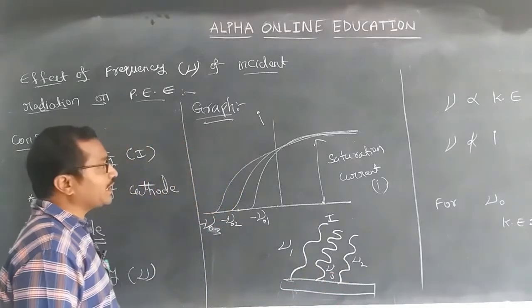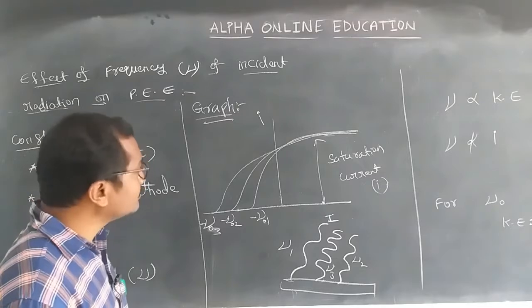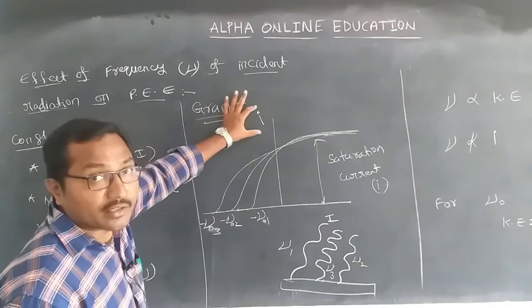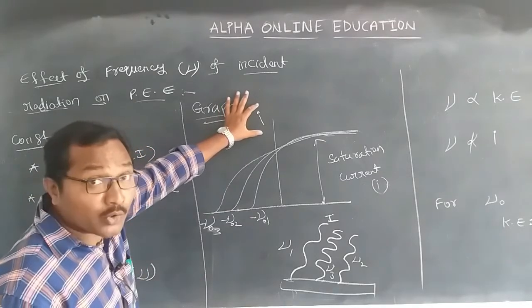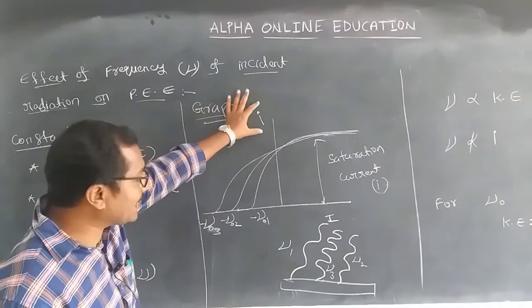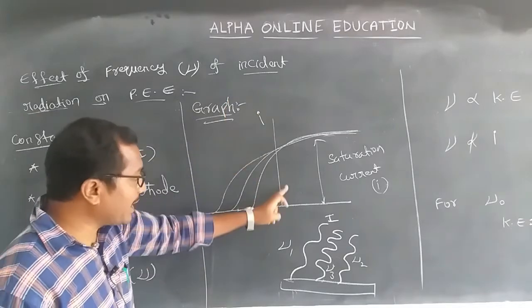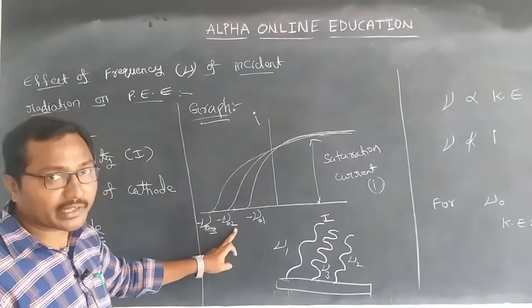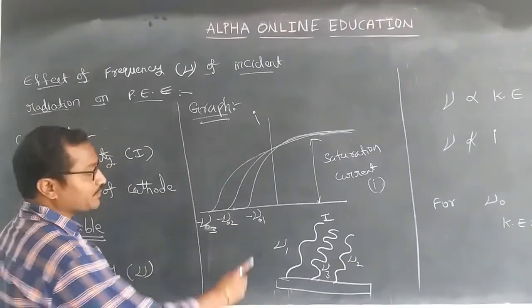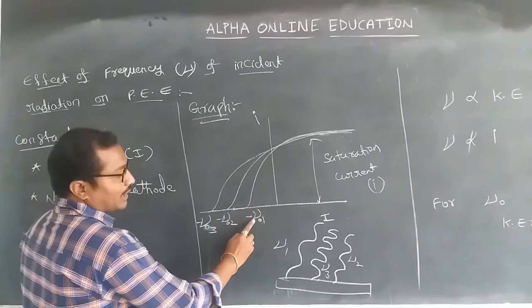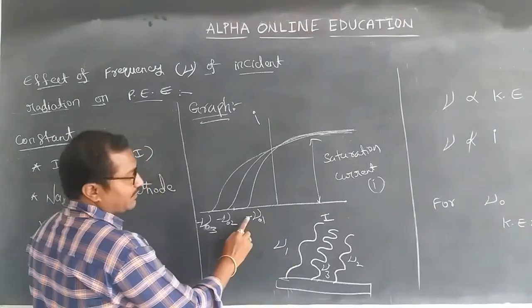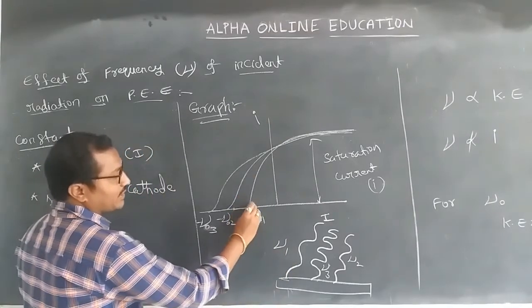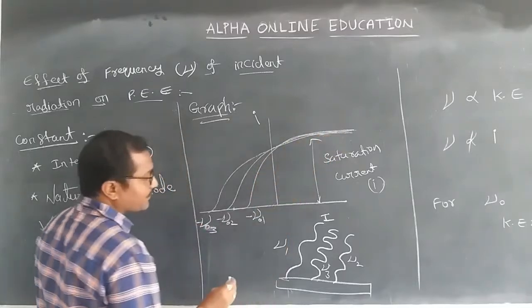Now we are going to take a graph between the saturation current, I mean the photoelectric current, on the y-axis and the frequency on the x-axis, right? Let us consider this is the first frequency. For the first frequency we have this type of graph.